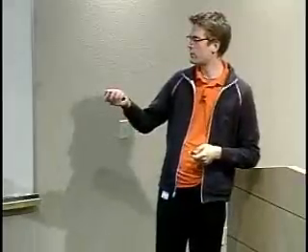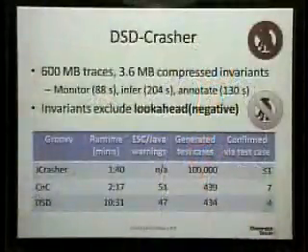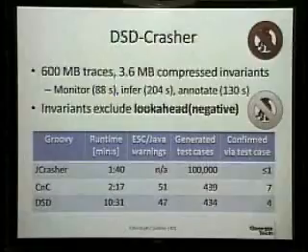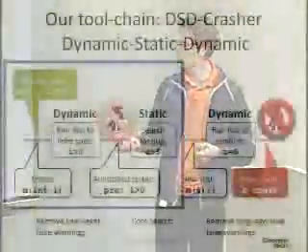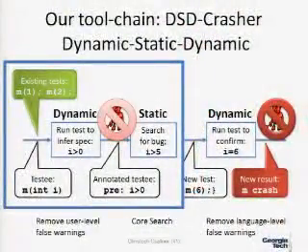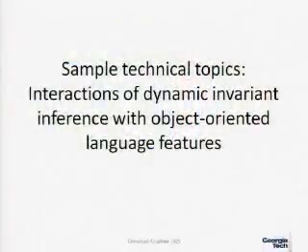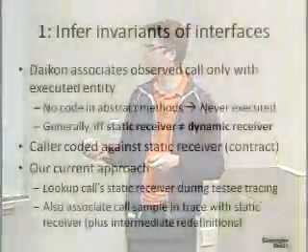Yes. So if there are no other questions about the experiments, then I'm going to talk about some technical issues we had with the dynamic step at the very beginning, which are issues relating to object-oriented languages. So basically, you dynamically want to infer invariants, but then you also have static properties you need to meet.